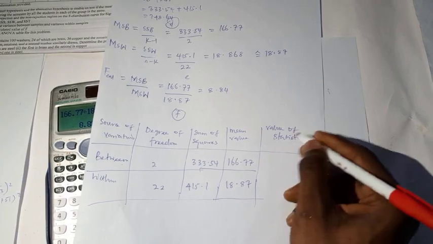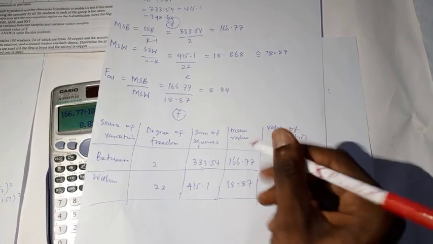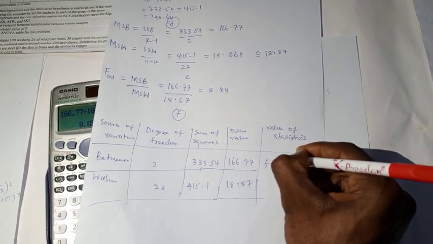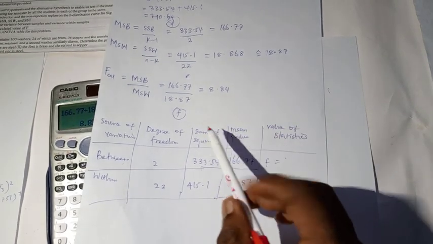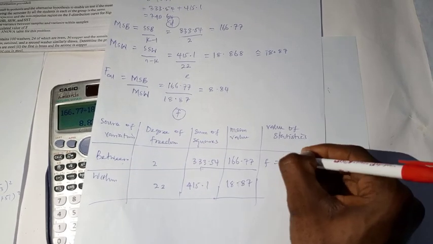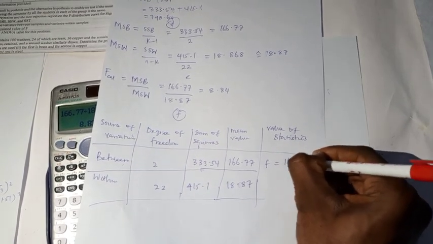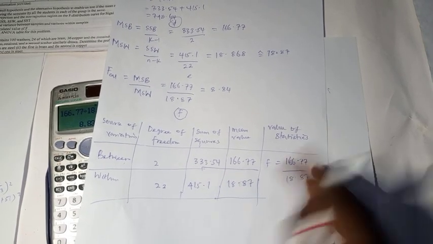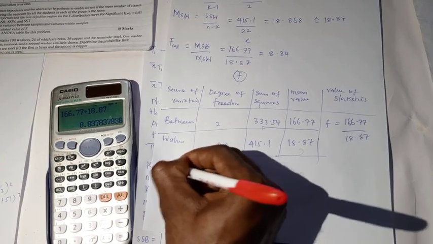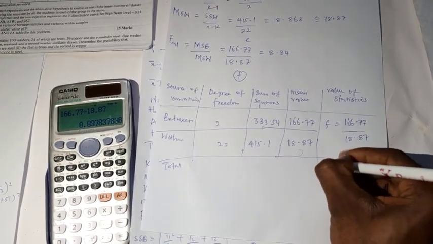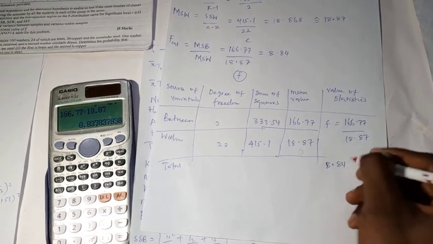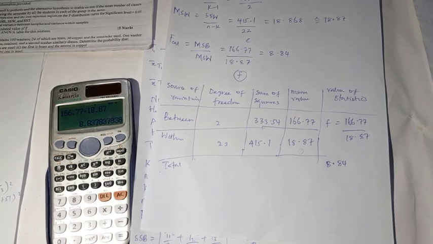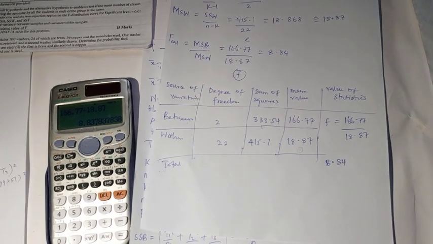Now for our value of statistics, which is the F calculated, F is equal to 166.77 divided by 18.87, which is 8.84. So this is the answer for our F part of the equation.